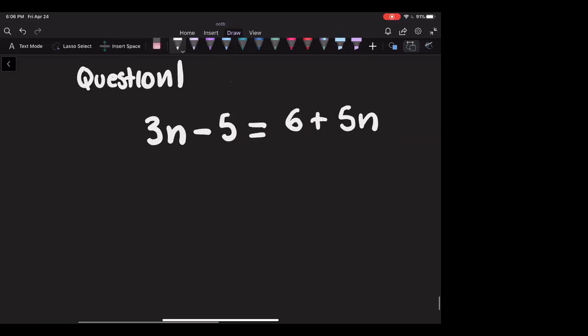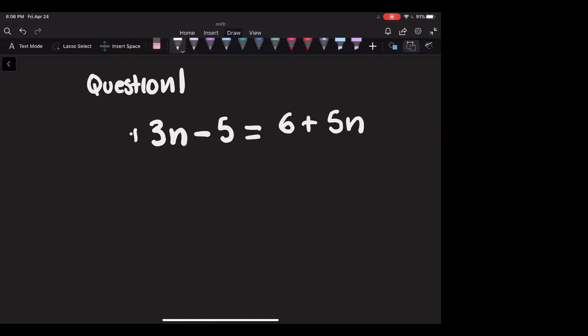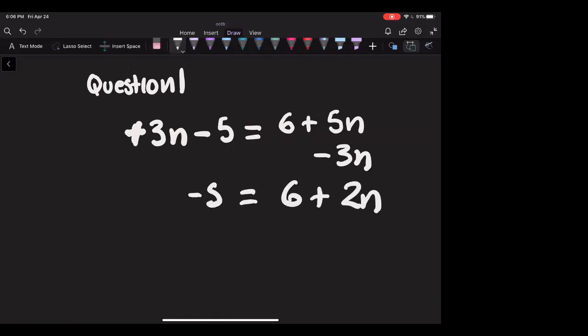Do you see how this number is positive? So this is then now negative. Yes. So you'd subtract 3n. You get negative 5 is equal to 6 plus 2n.